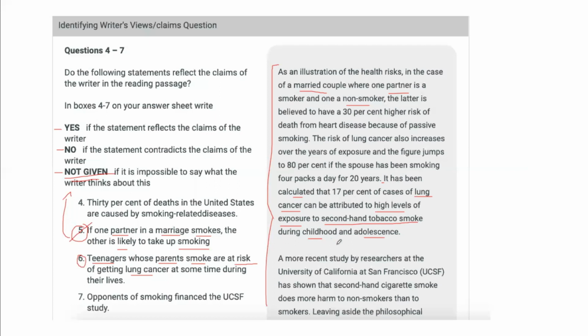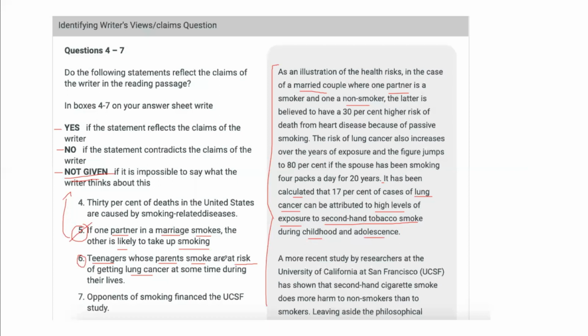And it doesn't necessarily talk about parents, and it doesn't talk about teenagers. It talks about childhood and adolescence, which is fine. This is similar enough, but it doesn't talk about parents. And this would cause a lot of students to write no or not given because it's not specific enough. But this is where our critical thinking skills come in.